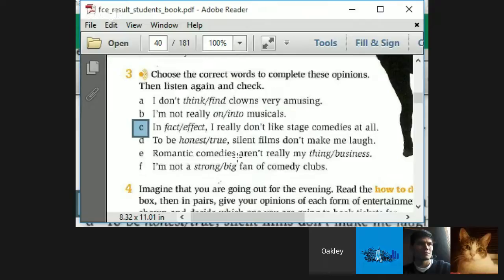Okay. Jorge Luis, how about C? What is the proper phrasing here? I would say that maybe, in fact, I really don't like staged comedy at all. Yeah. Okay.